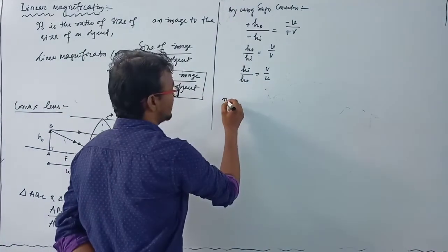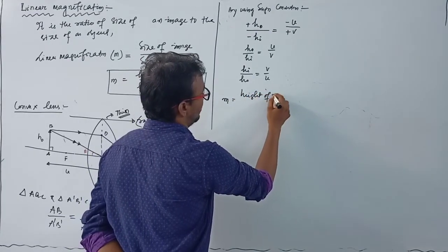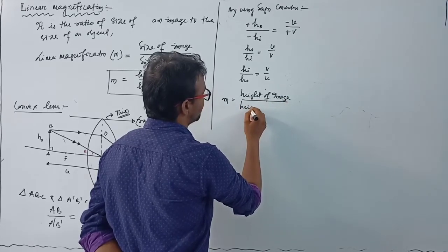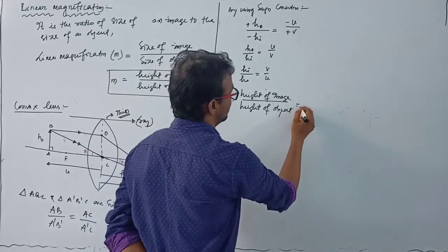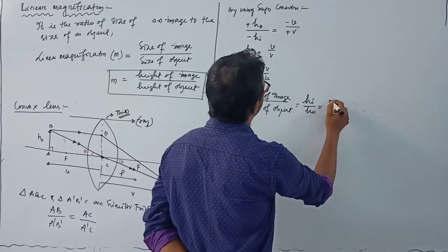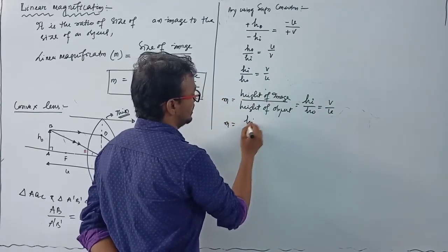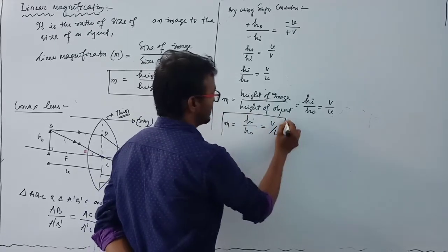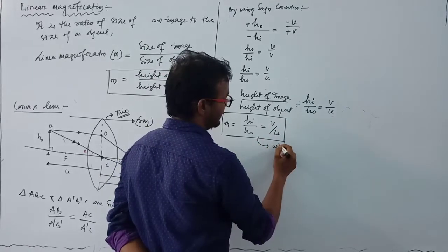So here magnification m equal to height of image divided by height of object, which is equal to hi by h0 equal to v by u. This is magnification, and you have to use it with sign.